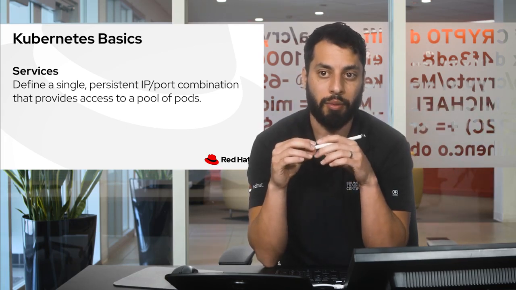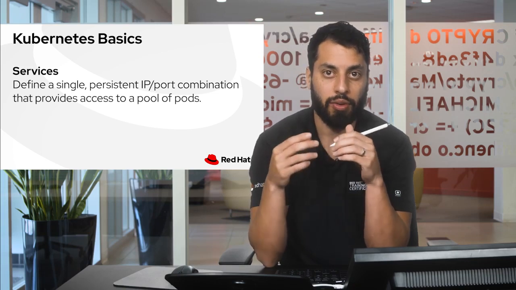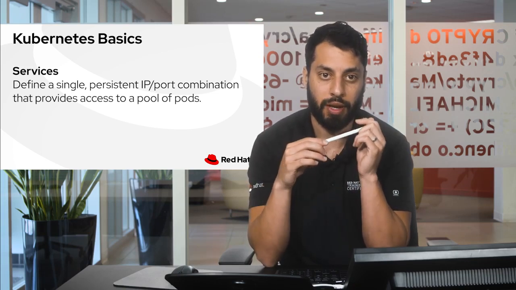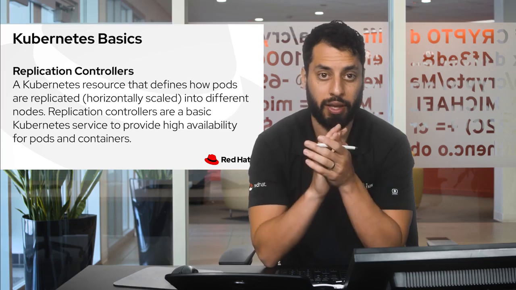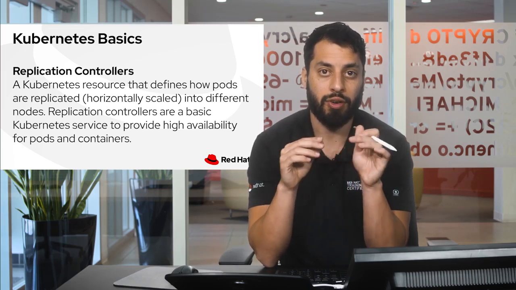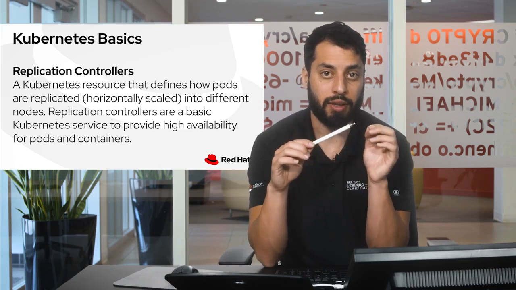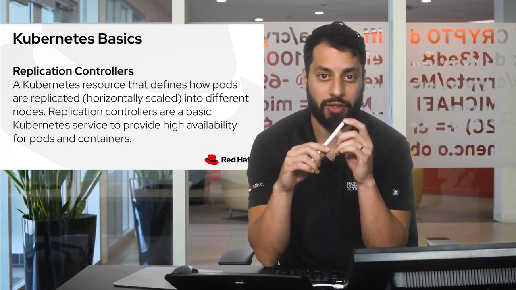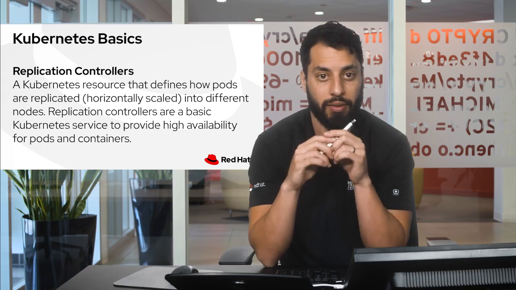That way, when we're developing our applications, we know which IP addresses to expect. As I mentioned, a replication controller is a type of controller that is responsible for ensuring that we have the expected number of pods in our application. So this helps us scale horizontally.